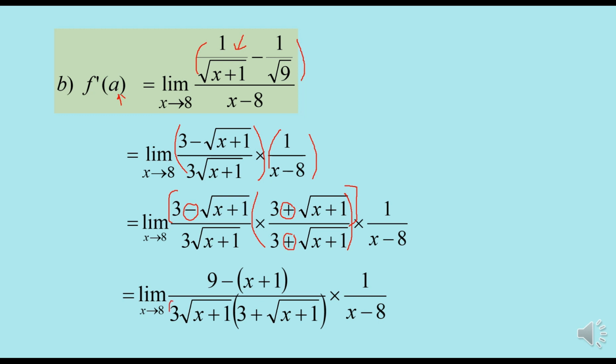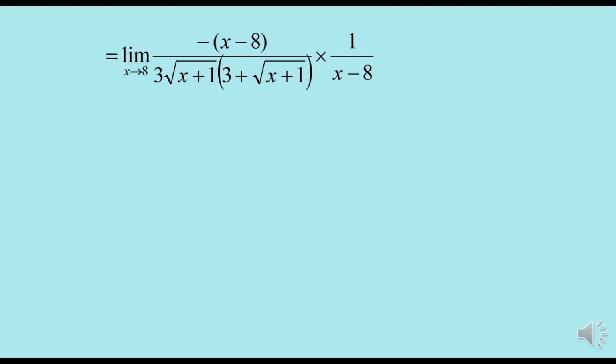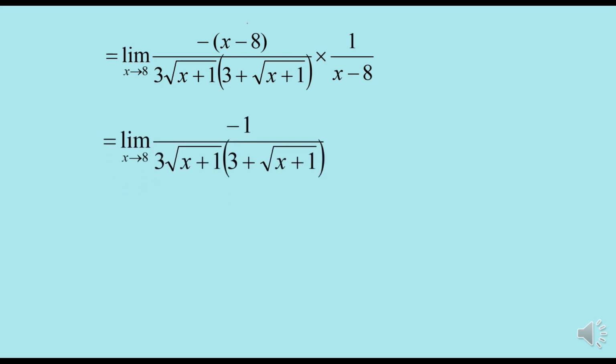So the denominator remains the same. Then we simplify to get negative x minus 8. Then we cancel out x minus 8 to get the simplest form like this.